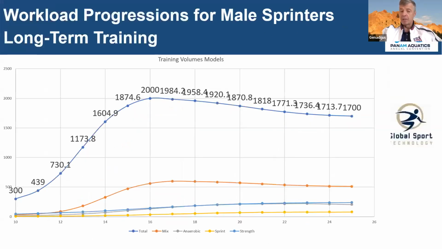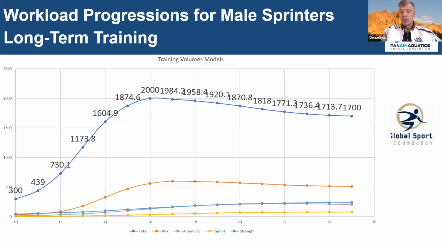If you look at male sprinters, they don't reach as high volumes in long-term training, but during biological maturation, between age 12 and 14, is the fastest rate of increase in volumes, from 730 to 1,600, because they need to develop good aerobic conditioning, even sprinters, for better recovery in the future. And when recovering better, they can improve better as well, because they can do more quality training in practices.